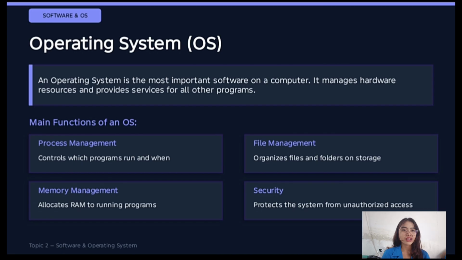The OS has 4 main functions. Number 1, process management. It controls which programs run and when. Number 2, memory management. It allocates memory to programs that are running.